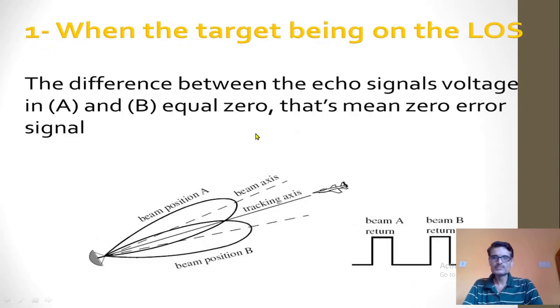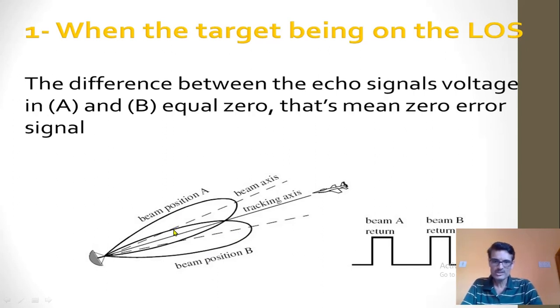Fine. Now, if the target is on the LOS, just look at this, the bore sight direction I told you about, my target is in the bore sight of the tracking axis. There are two beams, I said; you can use more than two beams also to get very high accuracy. In one type of radar, monopulse tracking radar, more than two beams are used.